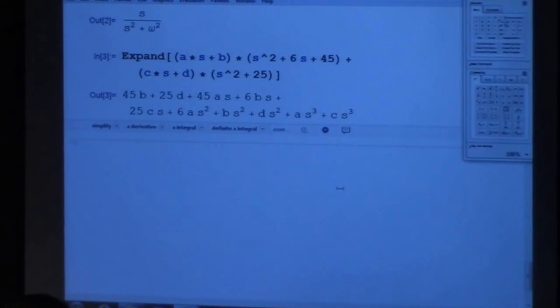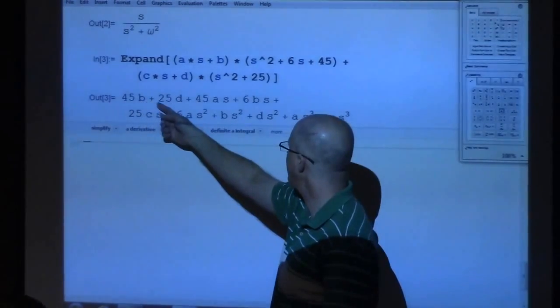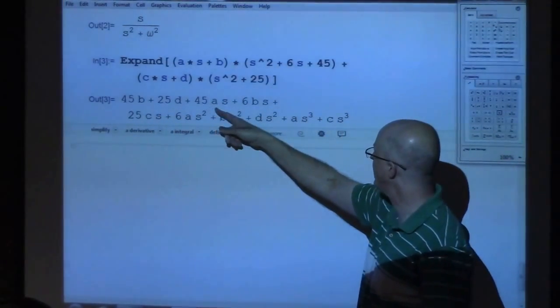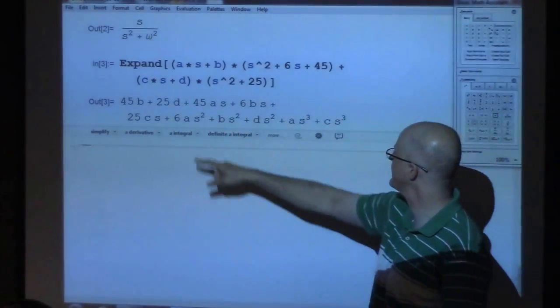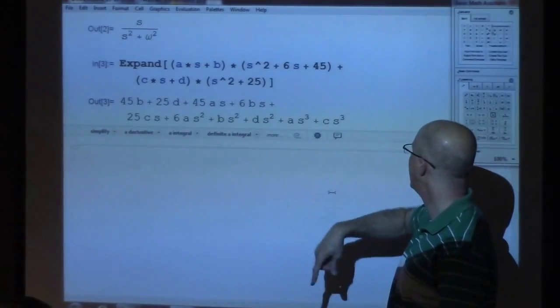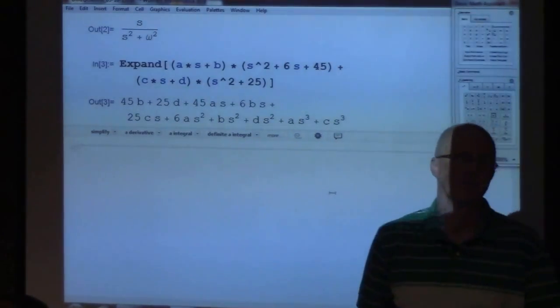Okay, so your constant term, if you do this expansion, is 45b plus 25d. Your s term has a coefficient of 45a plus 6b plus 25c. Your s squared term has a coefficient of 6a plus b plus d, and your s cubed term has a coefficient of a plus c.